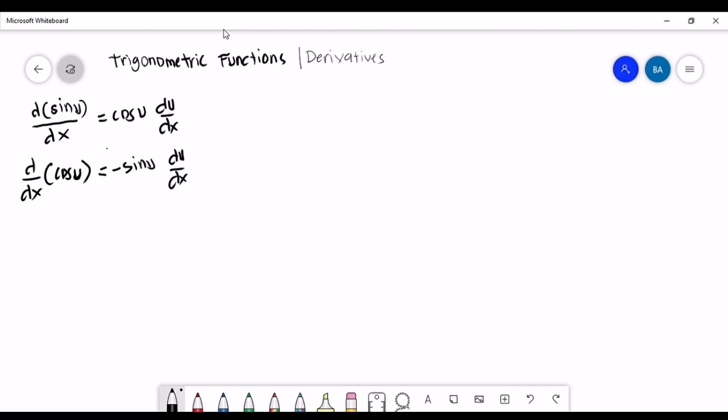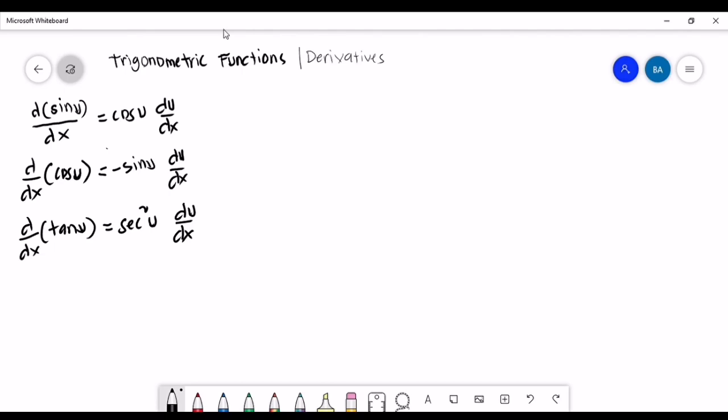Also, the derivative of tangent u equals secant squared u, du dx.